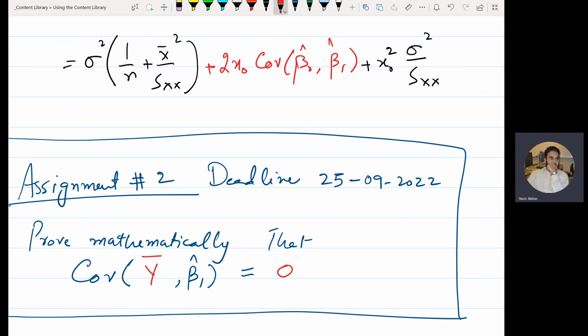It is tough, not easy, and it is not given step by step in the book. There is a hint in the book in section 2.2.4.